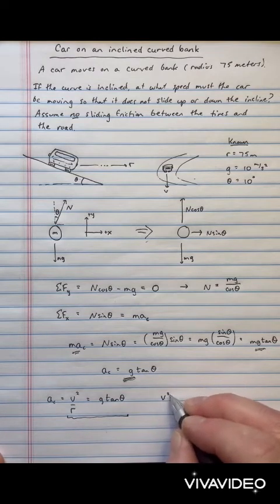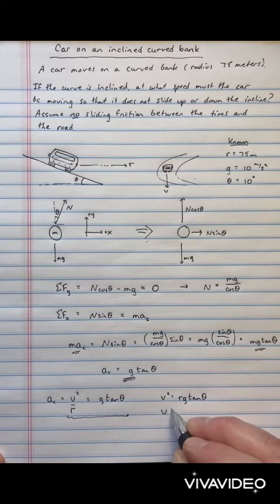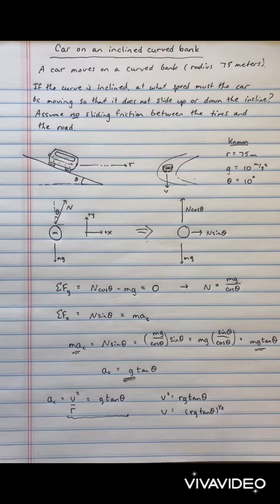So we have v squared equals r g tangent theta. And finally then, v equals the square root of r g tangent theta, or if you prefer, to the 1/2 power. Looks a little simpler like that. So this is our algebraic solution for this problem.